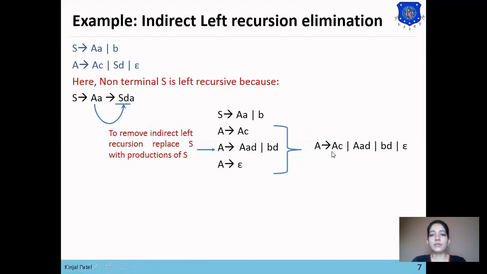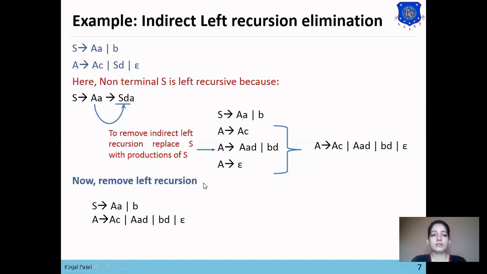So our grammar rule is like this: A produces AC, AAD, BD or null. Now we need to perform immediate left recursion removal on this grammar rule. As you can see, the leftmost non-terminal on the right hand side is the same as the left hand side. So now we will remove immediate left recursion. The first rule will be as it is, as there is no left recursion in it.